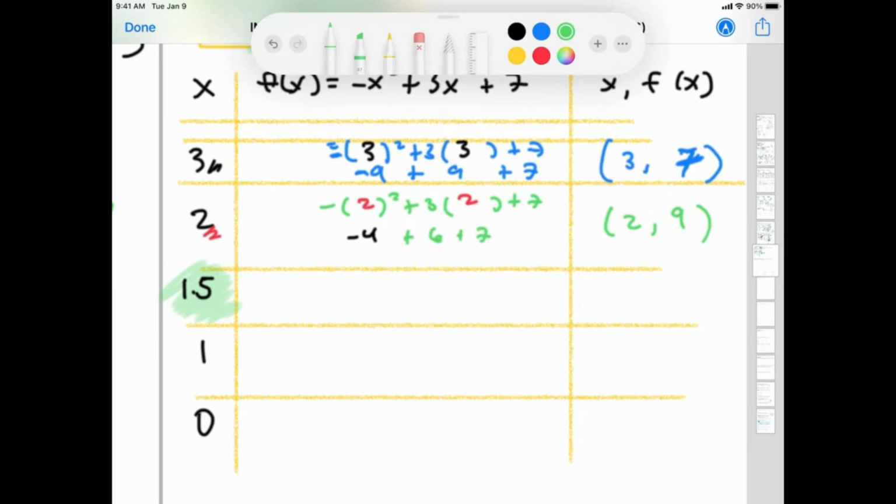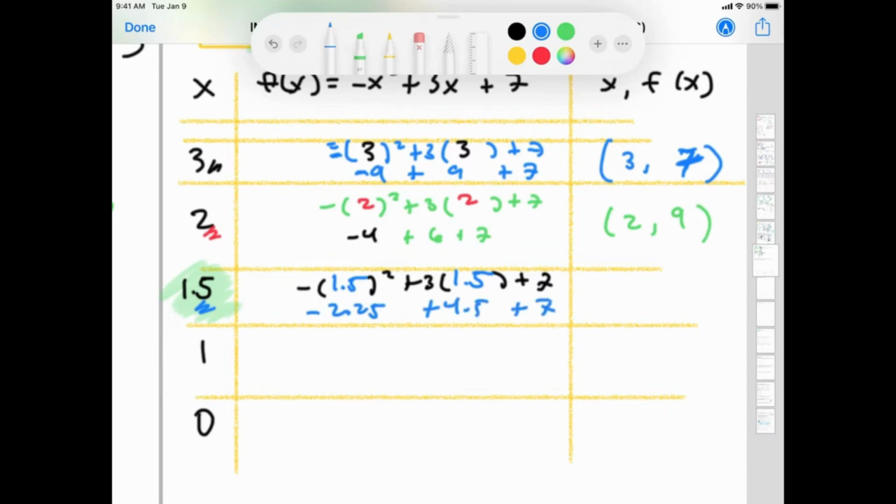Okay, so let's do 1.5. Opposite of something squared plus 3 times something plus 7. Let's put in here 1.5. 1.5 squared is 2.25, and the opposite of that is negative 2.25. And 3 times 1.5 gives me 4.5, plus 7.